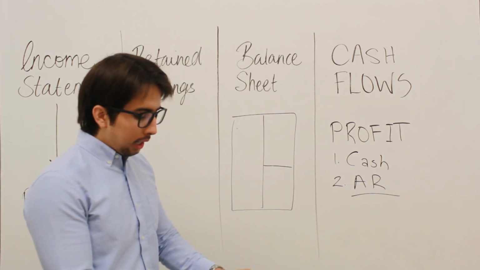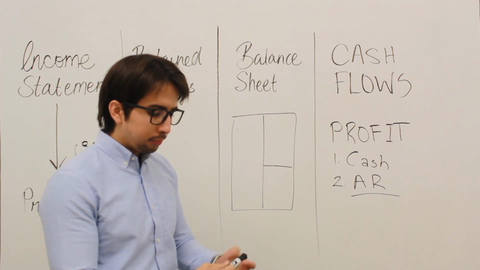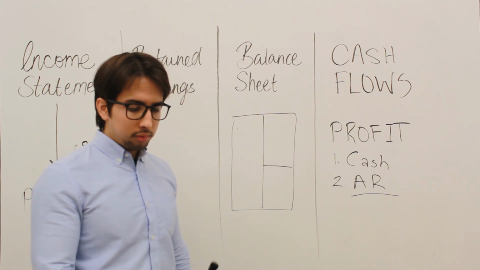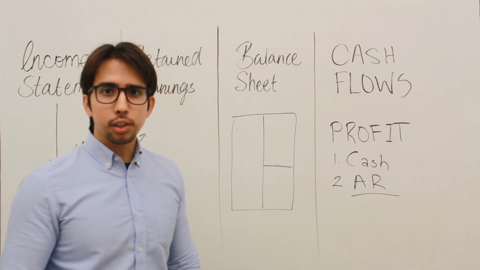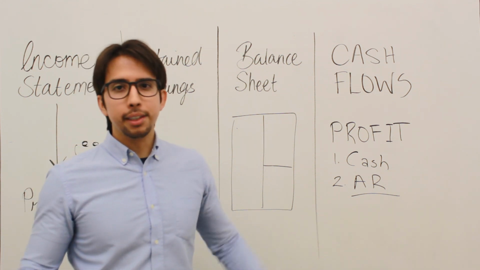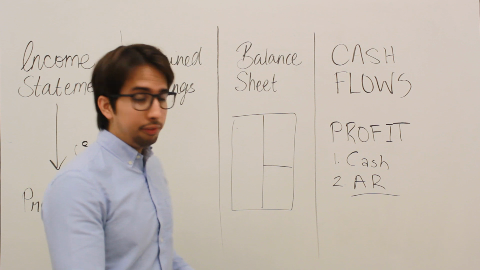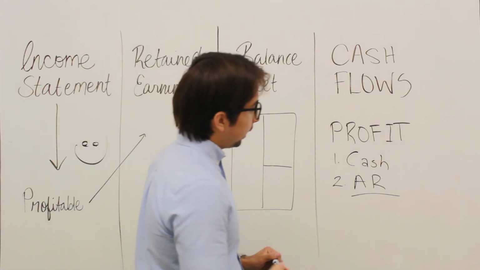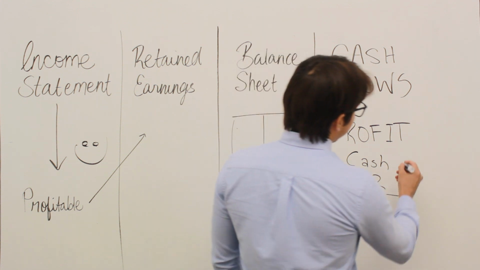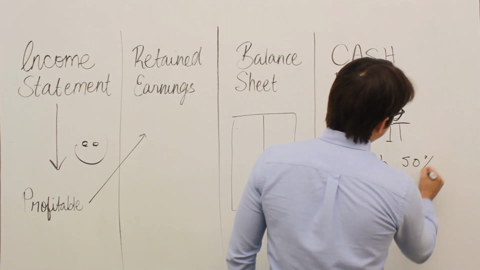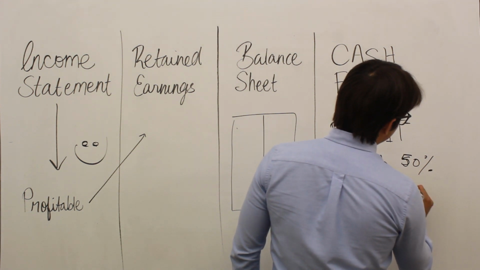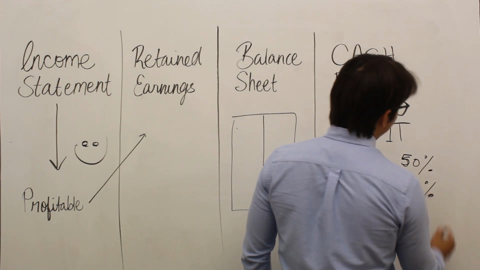Let's say I sell this marker to you for $5, and I stole this marker, so it's all profit to me, okay? I get $5 profit from you. But you told me that you could only pay me half of this $5 in cash, and you also told me that you would give me the other half later on.